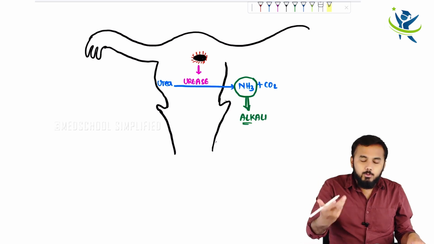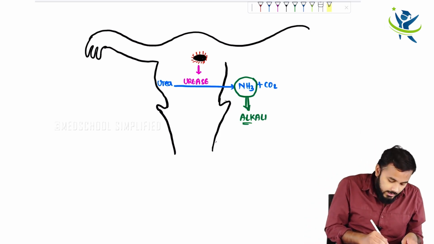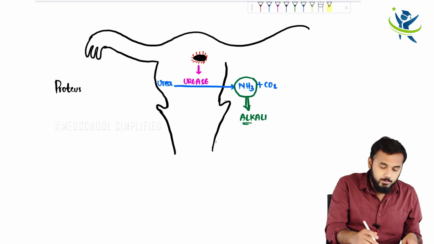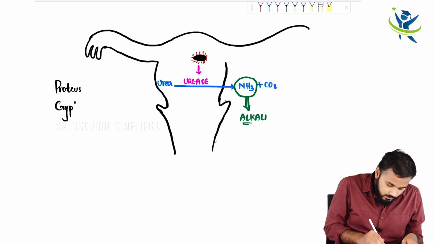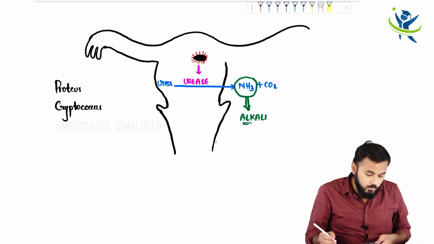What are urease positive organisms? Let us say Proteus. Proteus is a urease positive organism. Not only Proteus, Cryptococcus is also a urease positive organism.